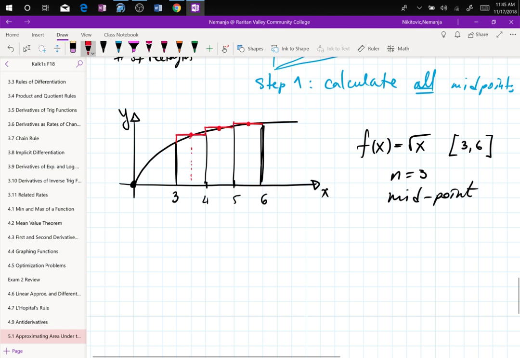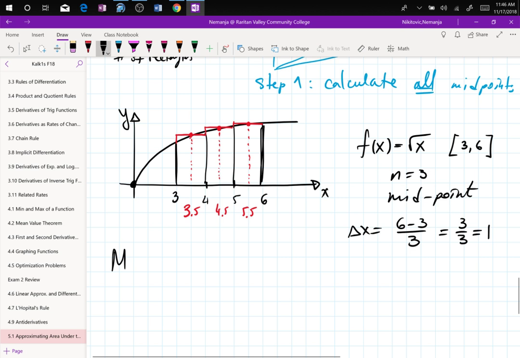So now you see that the height of each of these rectangles is computed not on the left or the right, it's computed on a middle point, which is 3.5, 4.5, and 5.5. My delta x is 6 minus 3 over 3, which is 3 over 3, which is 1. So I know delta x is 1.